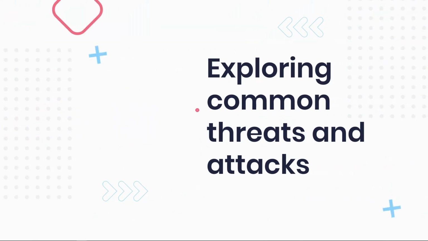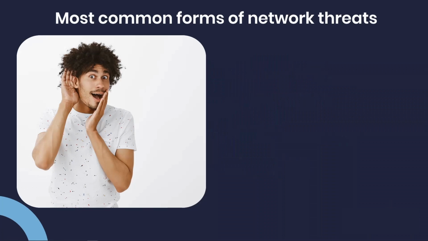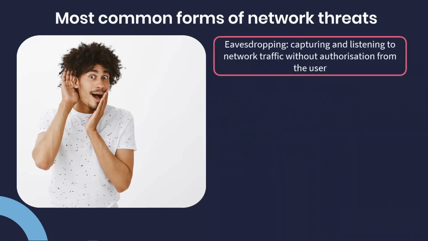Statistics on network threats and attacks have revealed a variety of motives for launching an attack. In this section, we'll walk through some common network attacks. So what are some of the most common forms of network threats? Eavesdropping, capturing and listening to network traffic without authorization from the user.